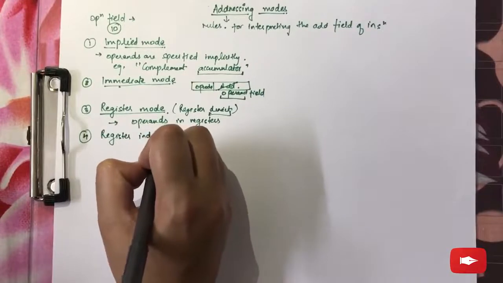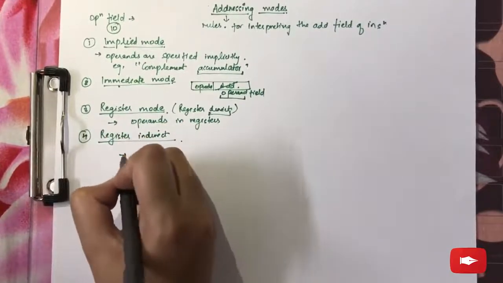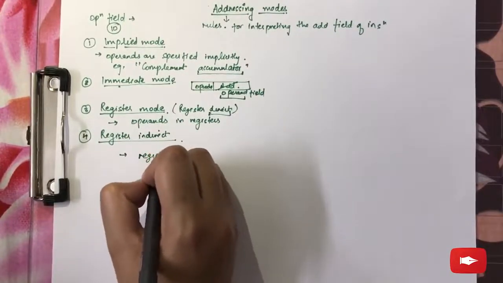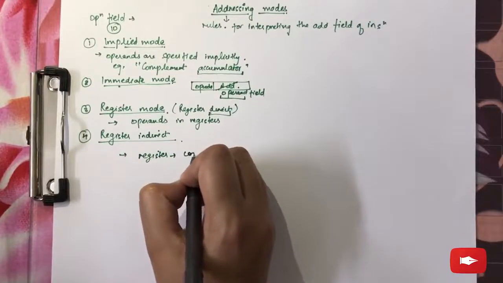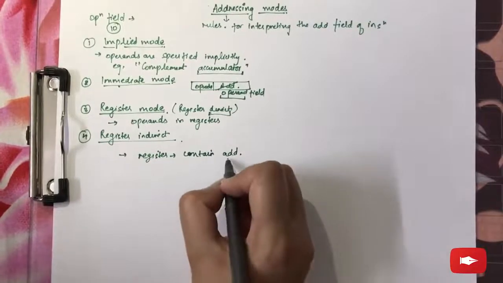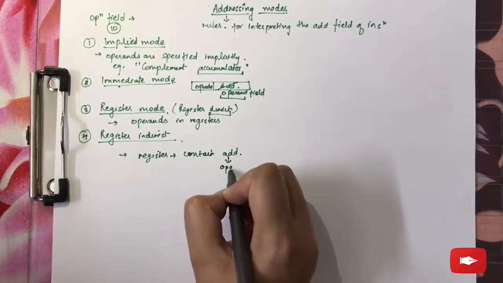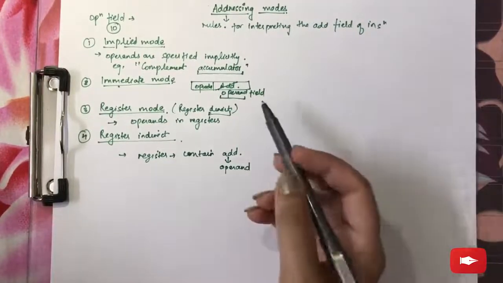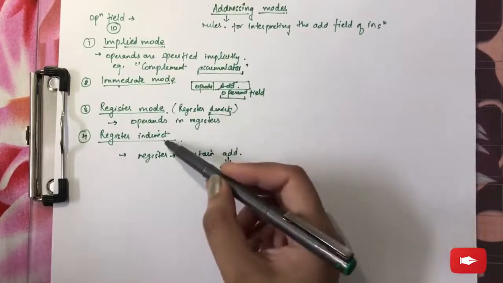Next is the register indirect mode, where the register will contain an address, and that particular address will refer to the operand. So try to understand the difference between the direct and indirect mode.